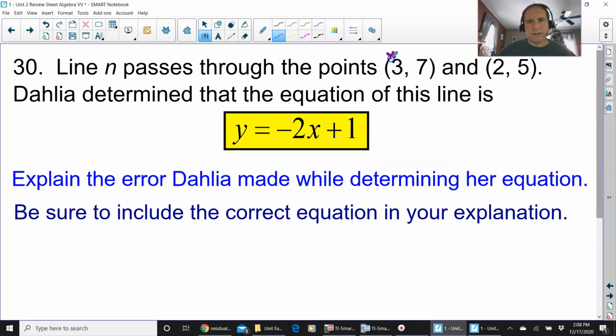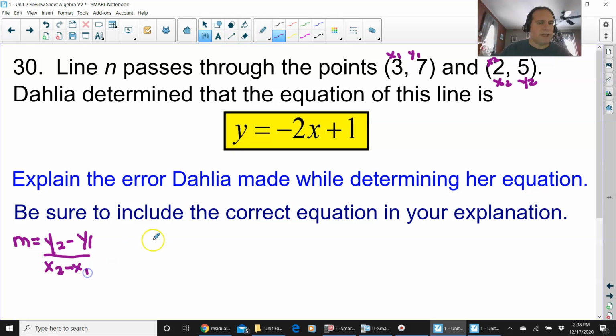So let me just go down here. I am going to label this x1, y1, and this is x2, y2. I'm going to check out if Dahlia is correct as far as the slope goes. I'm going to use y2 minus y1 over x2 minus x1. So my y2 is 5 minus 7, which is the y1, and then the x2 is 2 minus 3.